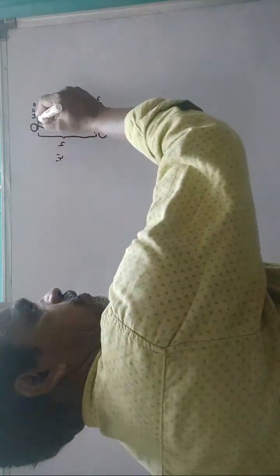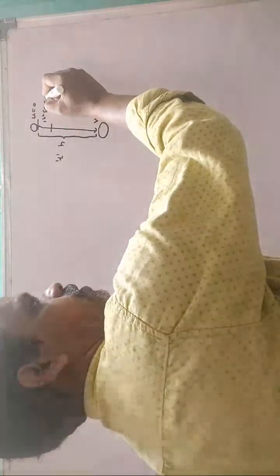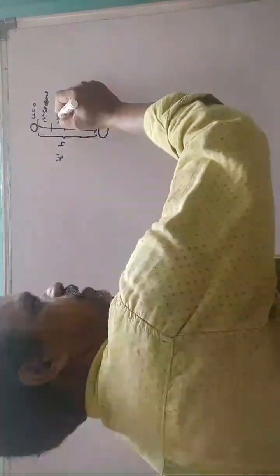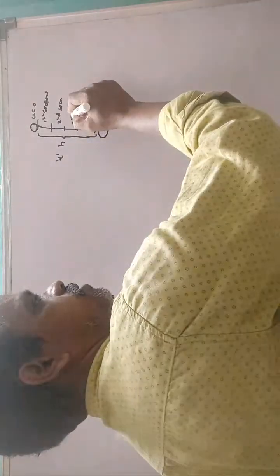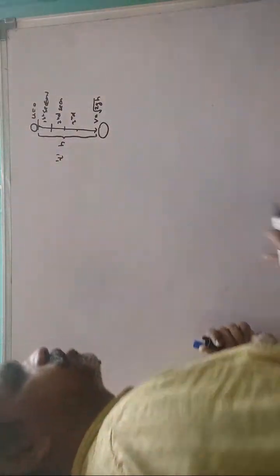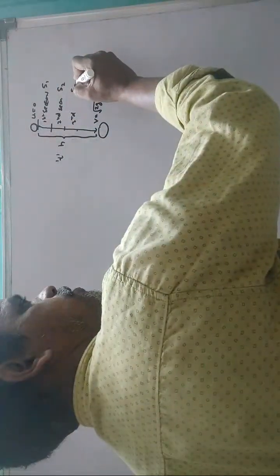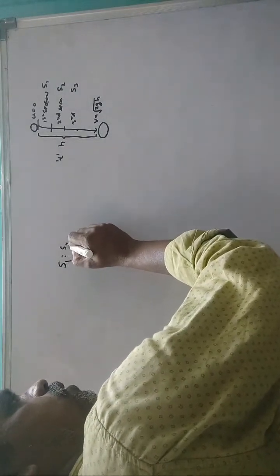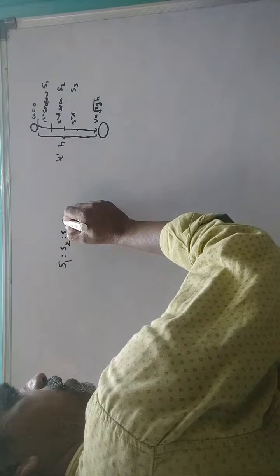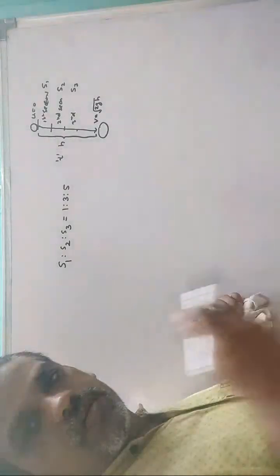We calculated the displacement in the first second, second second, third second, like that we calculated displacements s1, s2, s3. We calculated the ratio also: S1 is to S2 is to S3 equal to 1 is to 3 is to 5.